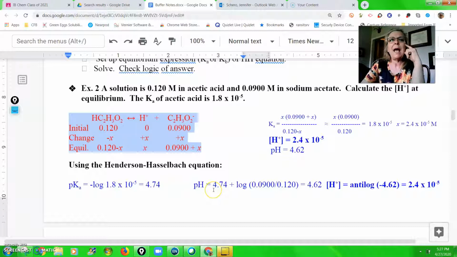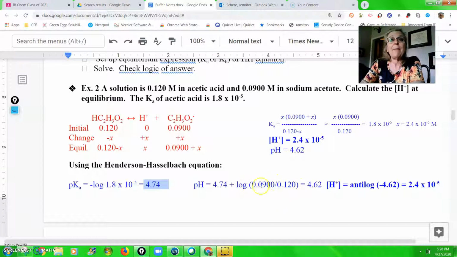And again, what we have here is the pKa, and you might be wondering, where did that come from? That's where we take the Ka, here is our Ka, and we put it into the negative log format, and we get the pKa. So we are actually using the Ka to calculate the pKa. That goes into our equation, plus the log of the concentration of the conjugate base over the concentration of the weak acid.